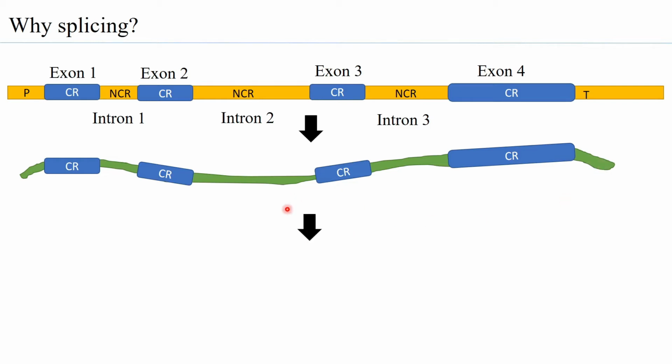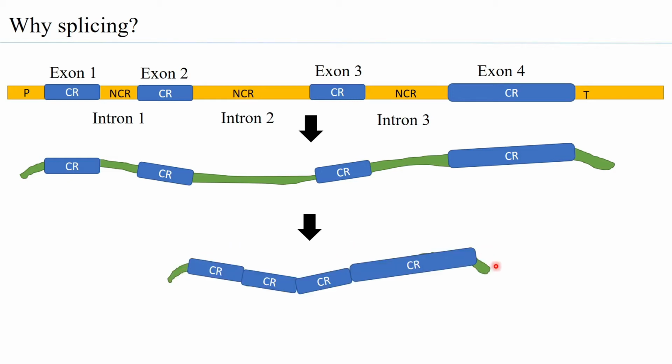Now, when this undergoes the second processing event, that is splicing, and also poly A tailing and 5' capping, it results in a functional mRNA that has at the 5' end a 7-methyl guanine, which is the 5' cap. You can see that the introns have been removed, spliced out, and all the exons are joined to each other.